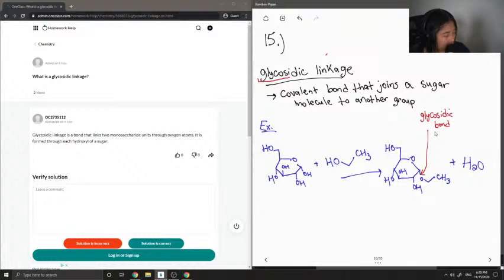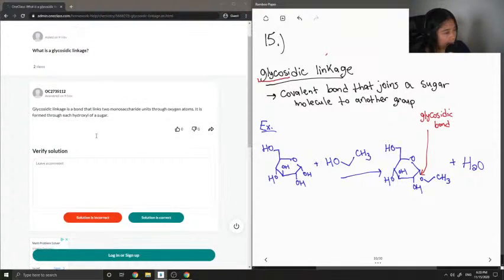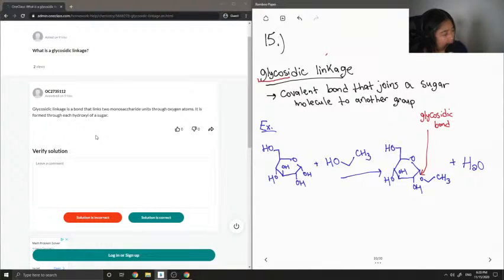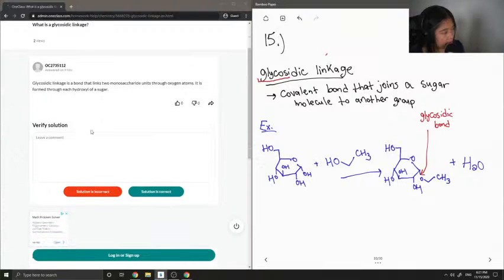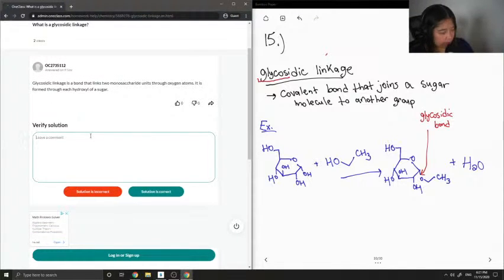Okay, so let's see what the junior tutor said. Glycosidic linkage is a bond that links two monosaccharide units through oxygen atoms. It is formed through each hydroxyl of a sugar. Yep, so the solution is correct. I'll also just add a side note that it doesn't necessarily need to be two monosaccharide units.